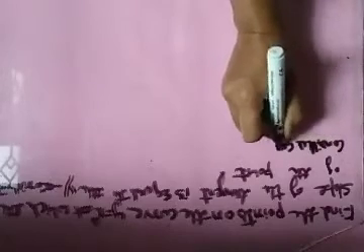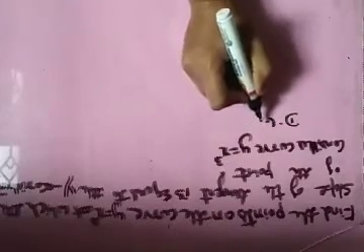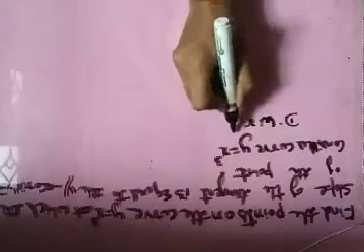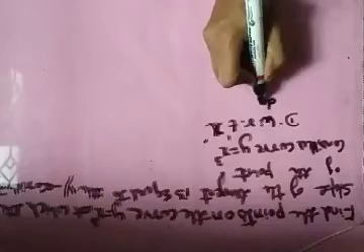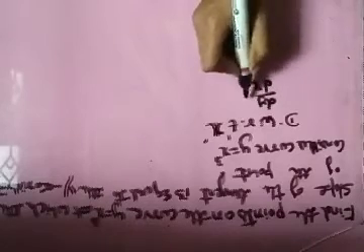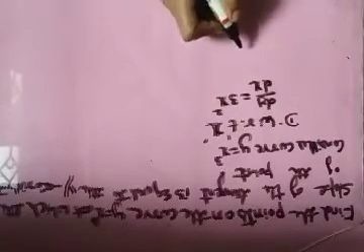Consider the curve y is equal to x cube. You differentiate it with respect to x. It becomes dy by dx is equal to 3x square. Next, the given condition. Slope is nothing but what? Dy by dx.